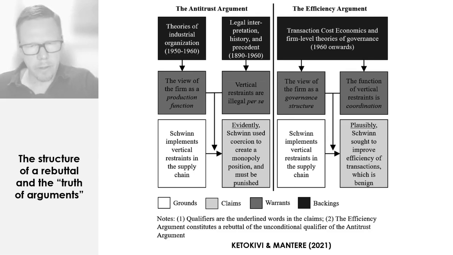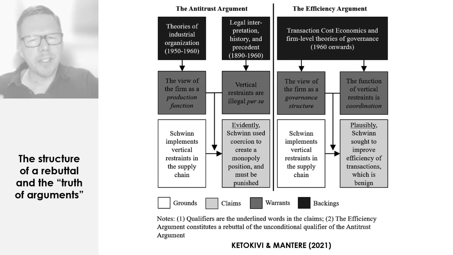So his conclusion was that plausibly Schwinn was doing something completely benign. It was simply trying to improve the efficiency of transactions. So he gave a very different interpretation to the same facts. And the explanation for why this was the case can be found in the warrants and the backings that were very different from what the antitrust table had adopted.